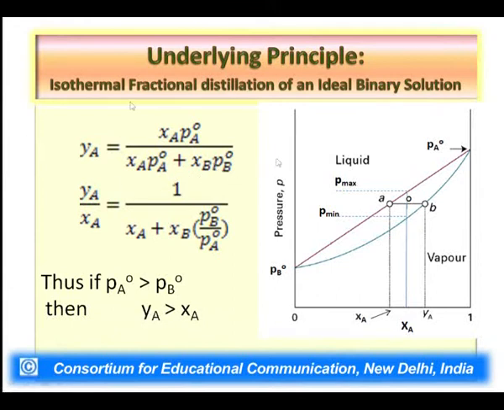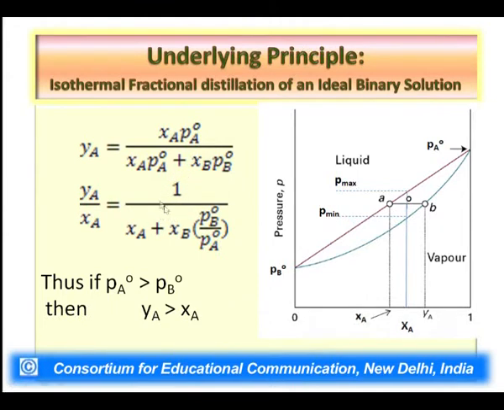So this is the relationship of Ya. Now, if we divide this expression by Xa, what we get is Ya by Xa on the left hand side, and on the right hand side we get rid of Xa. If we further divide by Pa naught, we also get rid of Pa naught in the numerator on the right hand side.